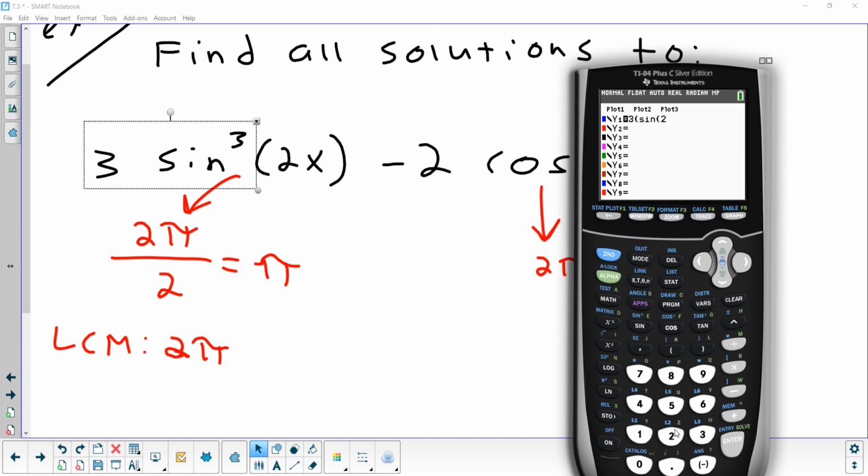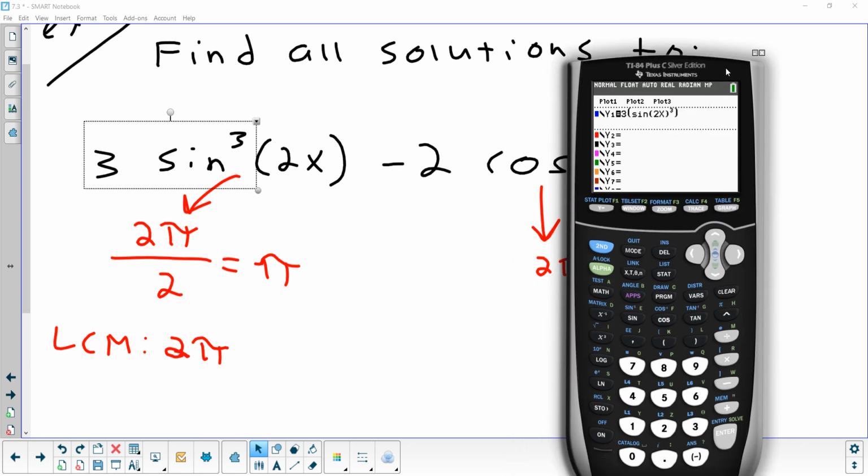Sine 2x, close the parenthesis for my 2x. I don't want to cube that. If I did that, I'd have 8x cubed as the argument. That's not what I want. I want to do the sine of 2x. After I do that, I want to cube it. And after I cube it, I want to triple it. So that's how you type it in.